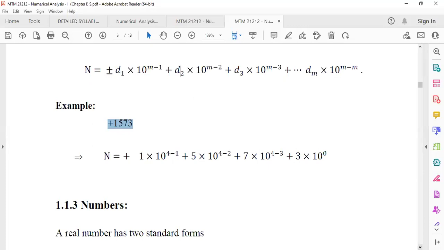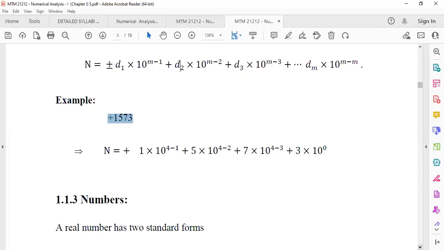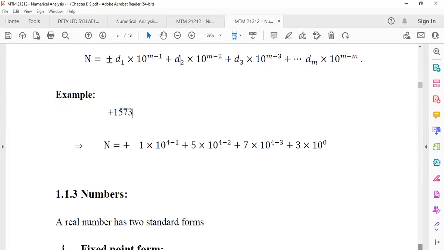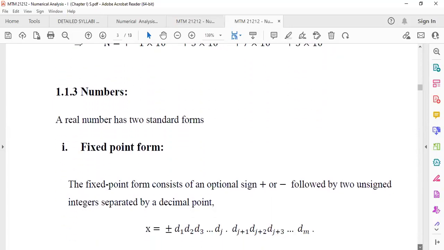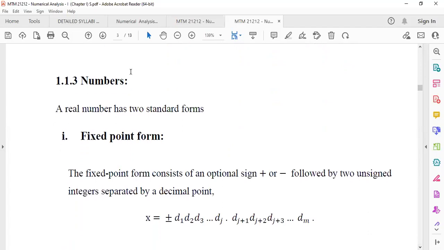So this is the base 10 representation. Let's go to the next section.